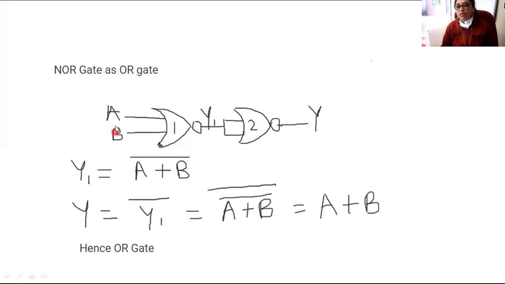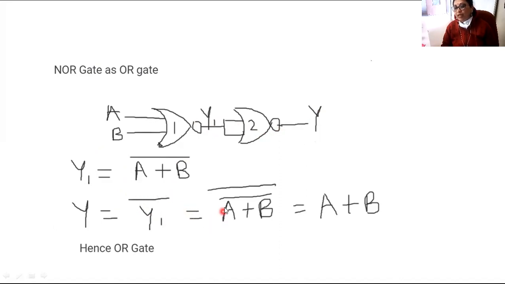Okay, so here you can observe, for gate number 1, A and B are the inputs. Output of gate number 1, say it is Y1. And this Y1 will be equal to A plus B whole bar. Now this is applied as input to gate number 2. And this gate number 2 is acting as a NOT gate. So if input is Y1, what will be Y? Y will be Y1 bar.